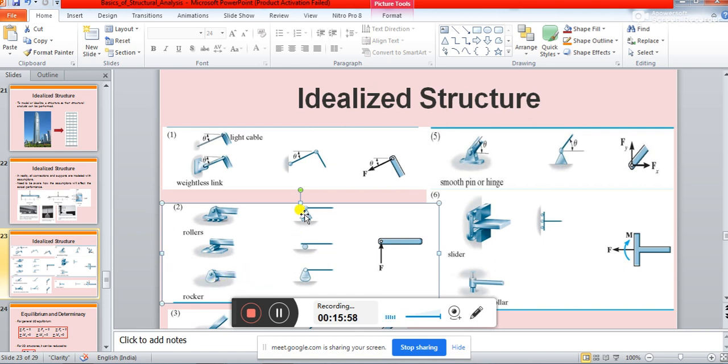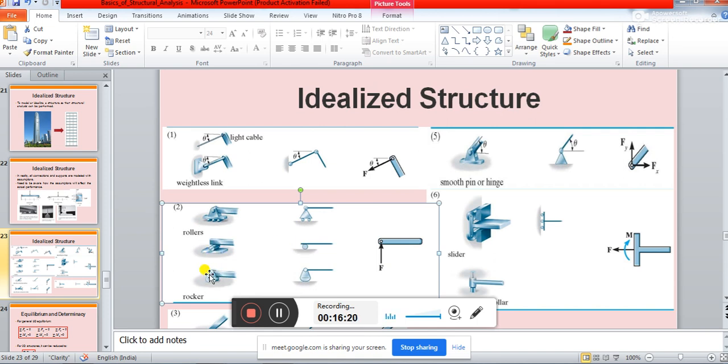So all these three kinds of supports will finally give you a vertical reaction, because this support, if you are idealizing, will allow your horizontal movement.